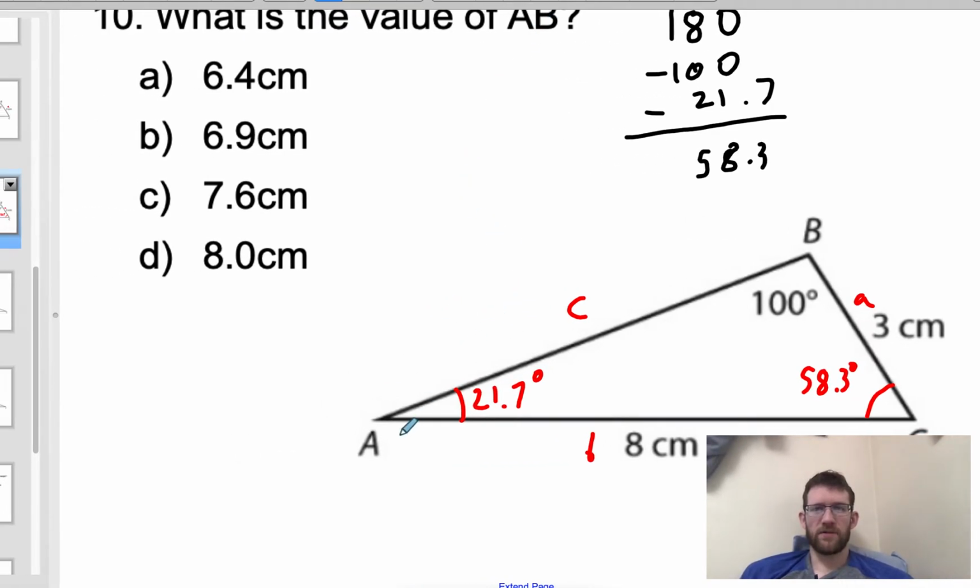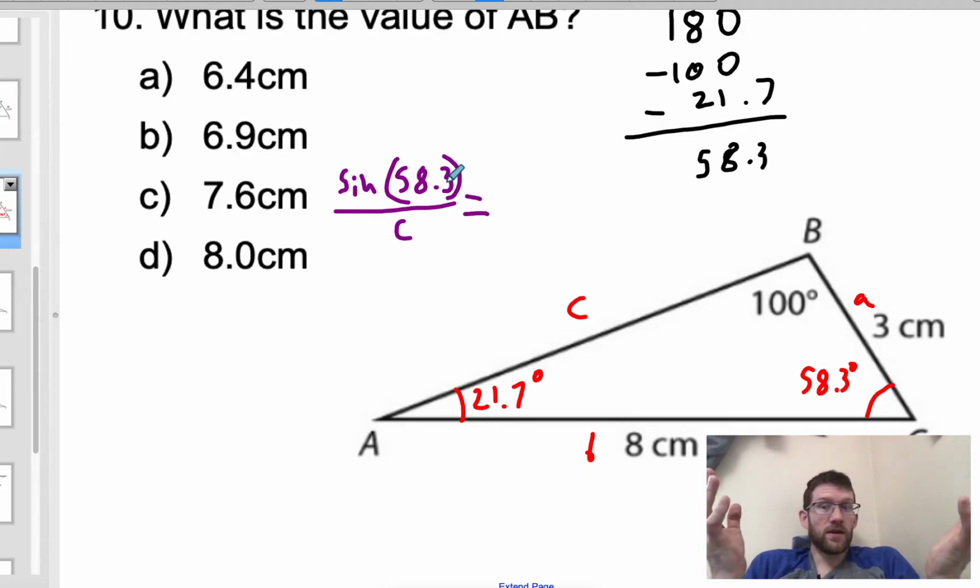Okay, now we need to find the length of side C, otherwise known as AB. And again, we're going to use the law of sines. So in this case, we know we're going to need this angle and this side. So we could do the sine of 58.3 over side C is equal to, and here we can do any option we want.